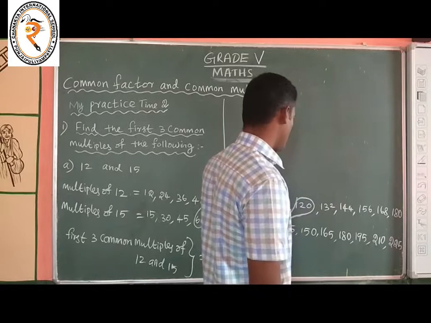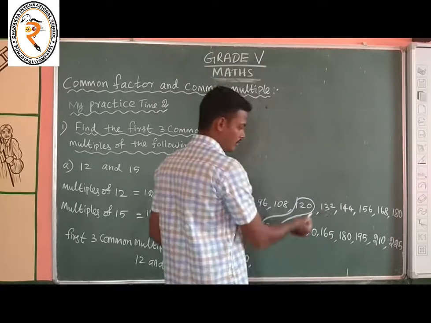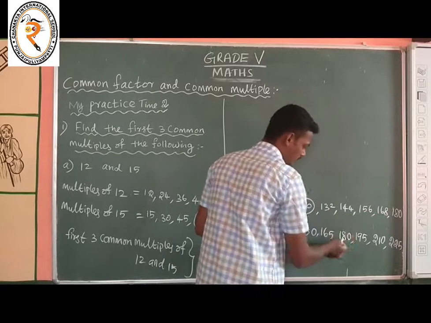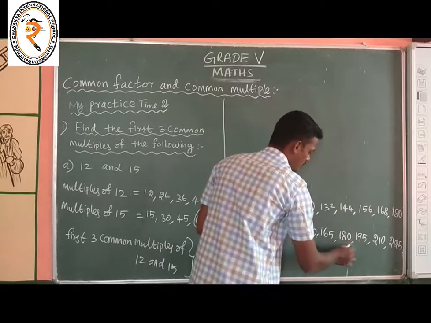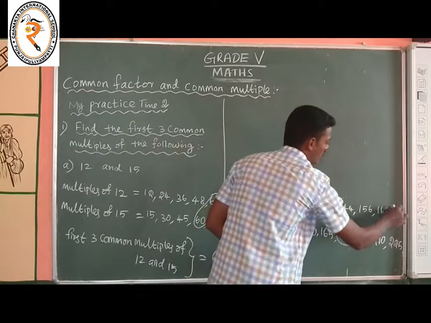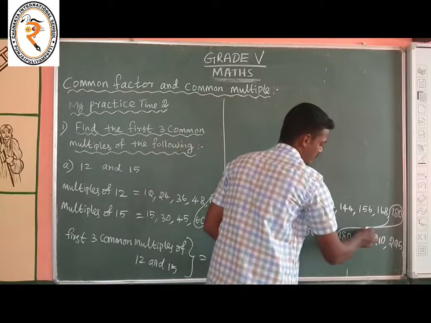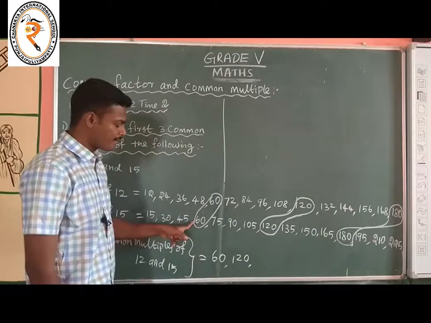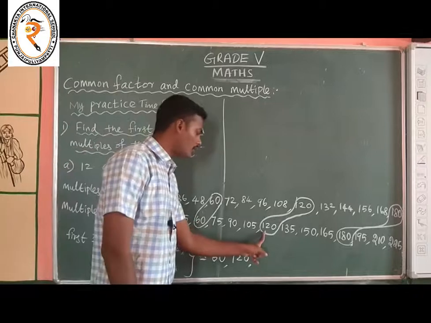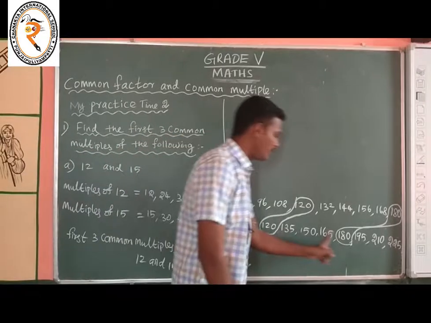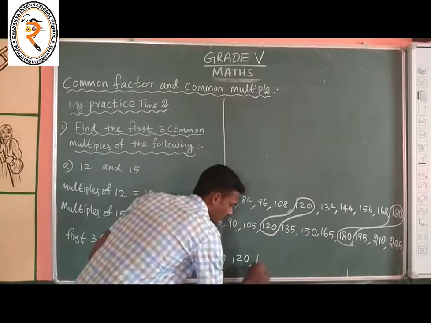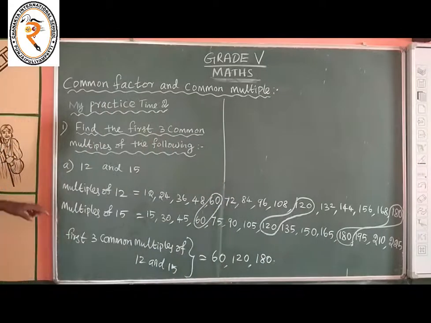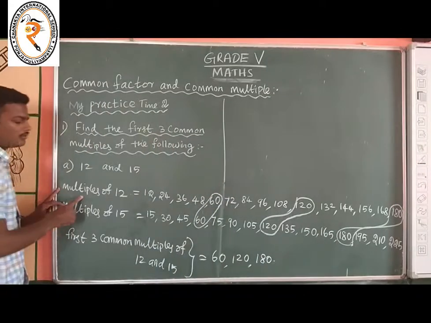So comparing, 180 here also 180. So the first 3 common multiples: the first number is 60, the second number is 120, and the third number is 180.